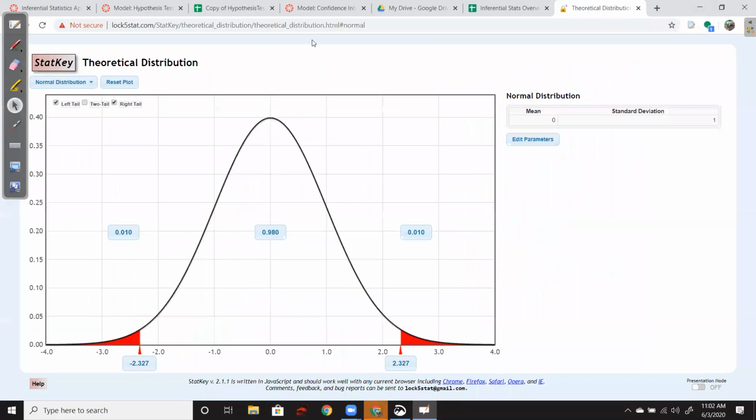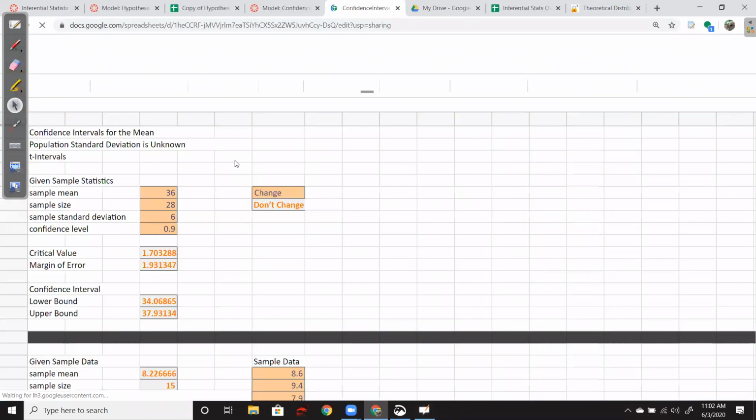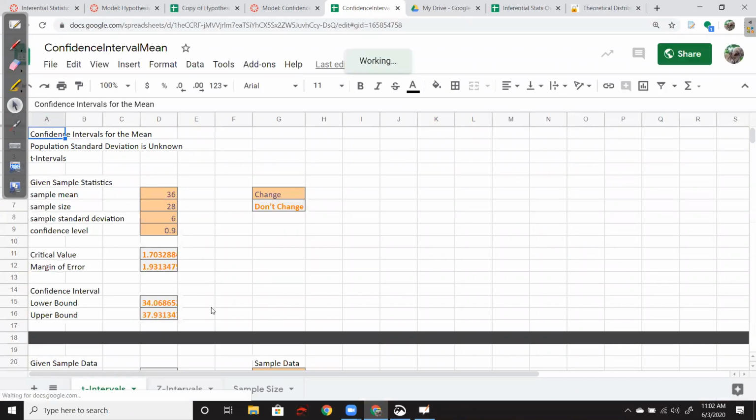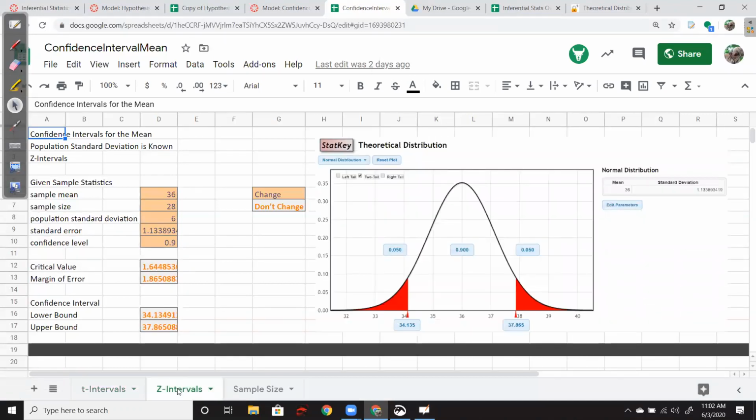So do I have that spreadsheet open? So confidence intervals with spreadsheets, this is a mean. And I claim to use a Z in this case, probably because the sample size is relatively large, so we have to switch to the right tab. That's important. If you use the wrong tab, you get the wrong results.